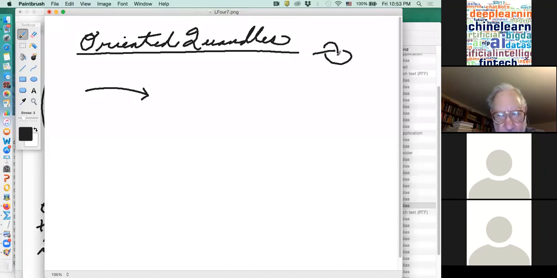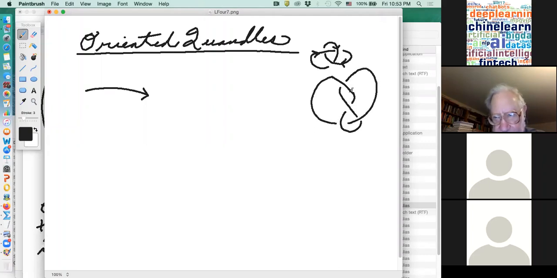So instead of just having an unoriented species, I have somebody like this. Or maybe more interesting, when you go up to the next knot, the figure 8 knot, you see that the signs of the crossings are not all one type. Here, we're talking about having crossings with orientations.